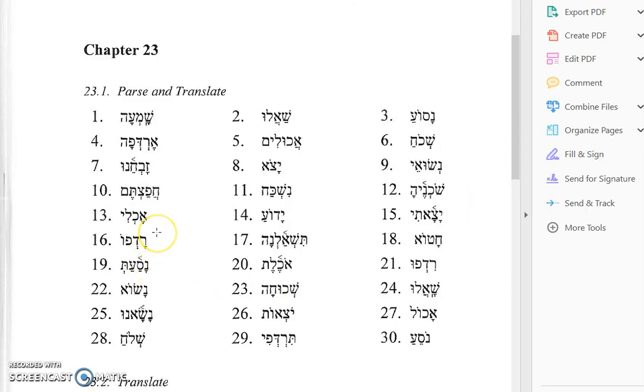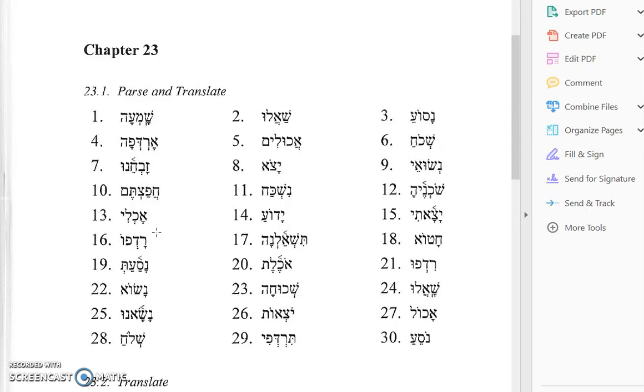Number 13 would be okli. That would appear to be the Qal infinitive construct with the first common singular suffix. That would mean my consuming. It could be a subject, speaking about I am consuming something, my consuming.